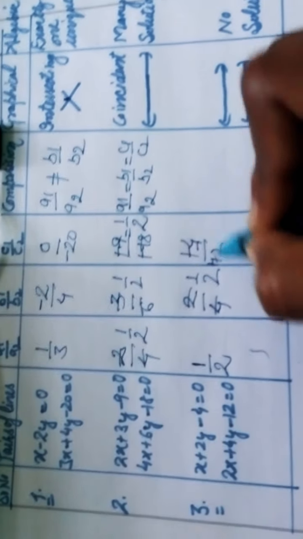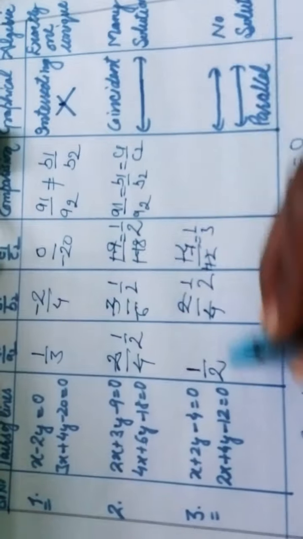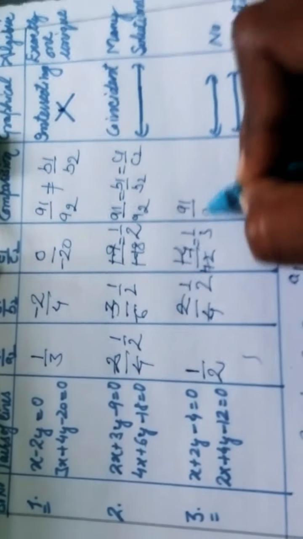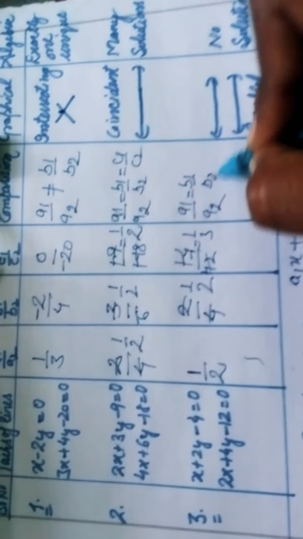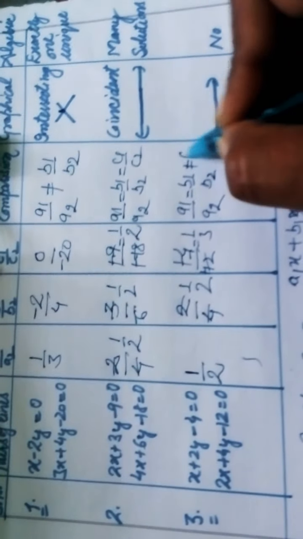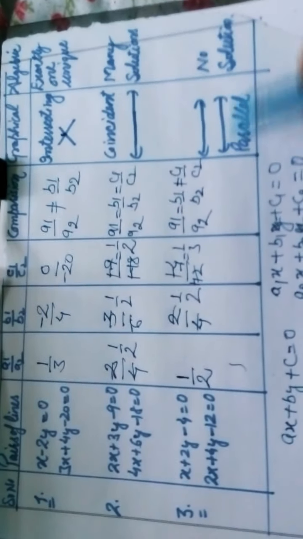The minus signs get cancelled, so I am getting 1 by 3. So here you can see that A1 upon A2 is equal to B1 upon B2, but is not equal to C1 upon C2. That means the lines will be parallel and have no solutions.